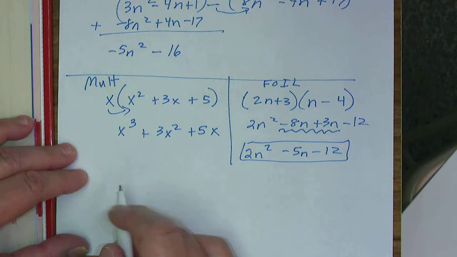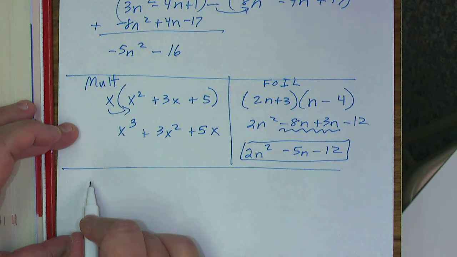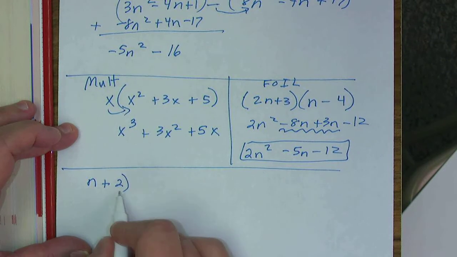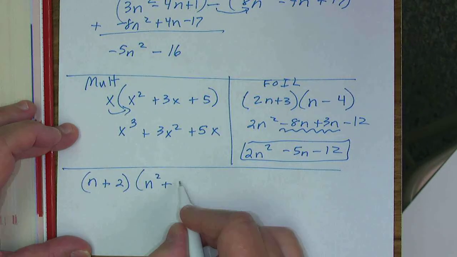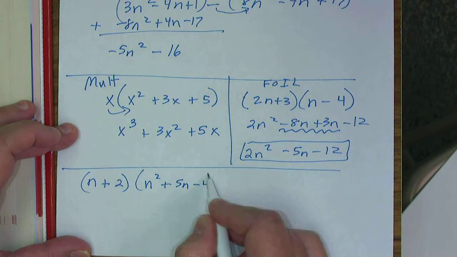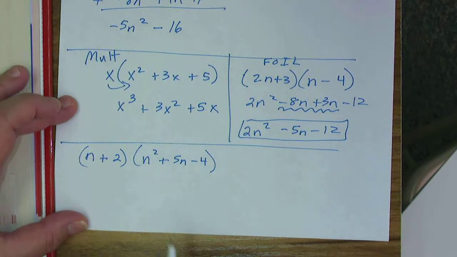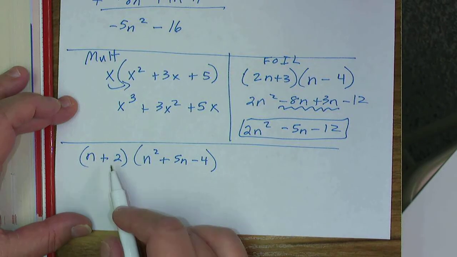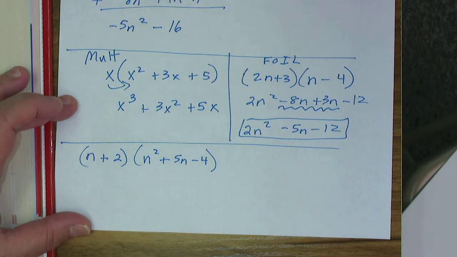Then if you have n plus 2 times n squared plus 5n minus 4, you can multiply n times everything, distributing it, then 2 times everything. Line it all up horizontally.